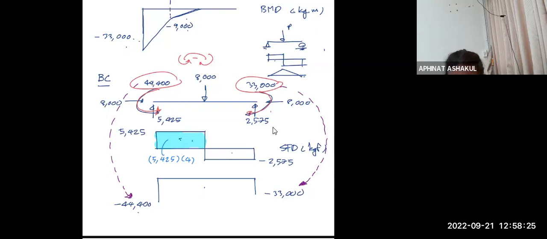So this is not big enough to bring your bending moment diagram to the positive territory. So it only goes up to minus 22,700. Still negative.